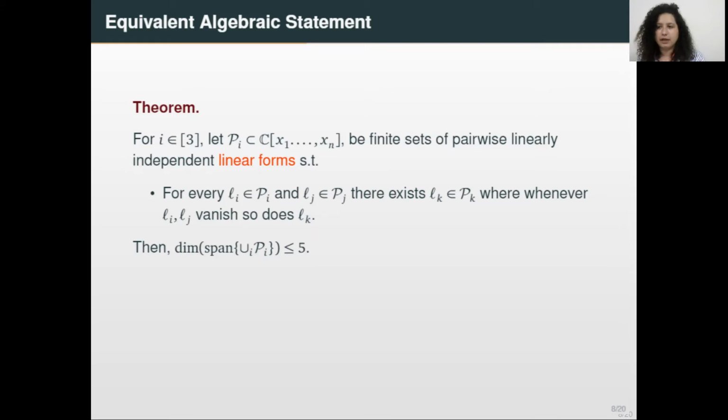Then the dimension of all the linear forms in the configuration is bounded above by 5. The only known result for this algebraic statement is using the original geometric Edelstein-Kelly theorem.